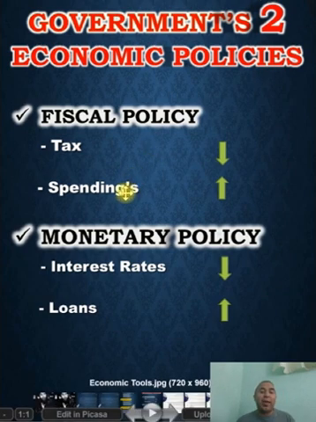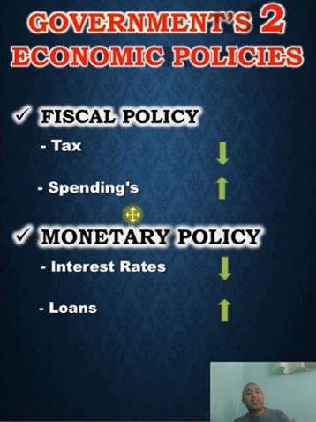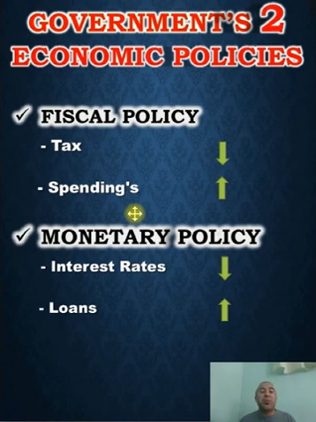And the other way is that through the fiscal policy, the government increases its spending. When we say government spending, there are a lot of sectors, namely the education sector, health sector, public transportation, military, and so many other parts.